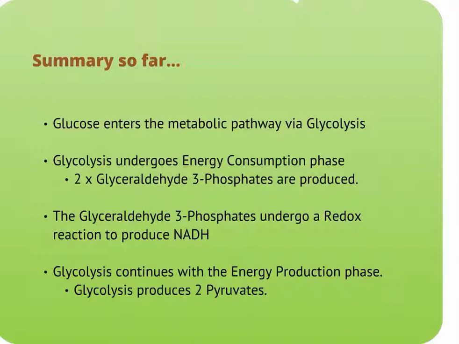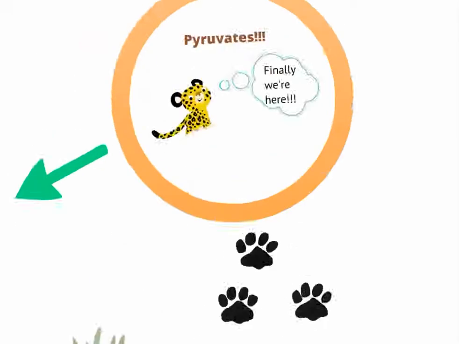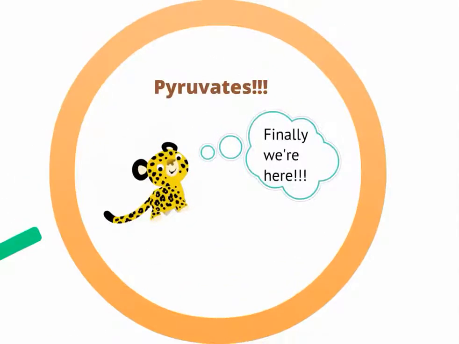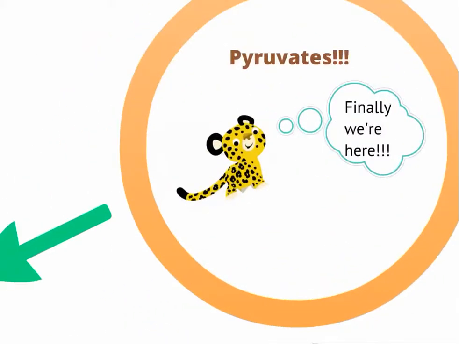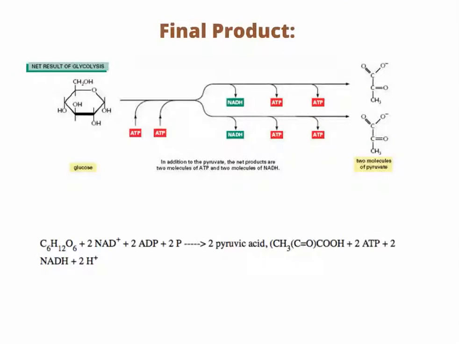Then the glyceraldehyde 3-phosphates will perform a redox reaction, which will get us the NADH. And then glycolysis continues with the energy production phase, and that helps us to produce the 2 pyruvates. Pyruvates finally are here. And then that'll give us the final product.